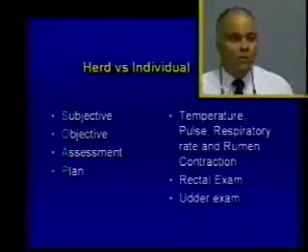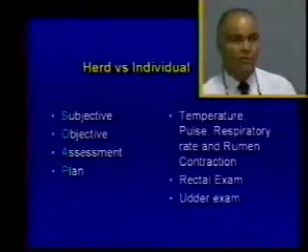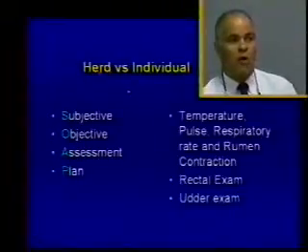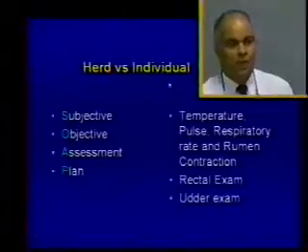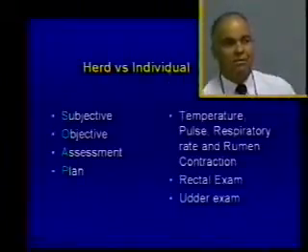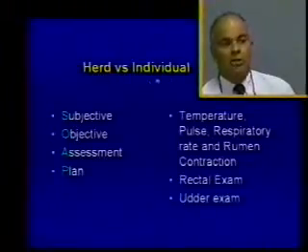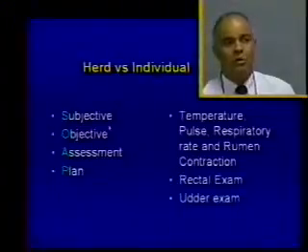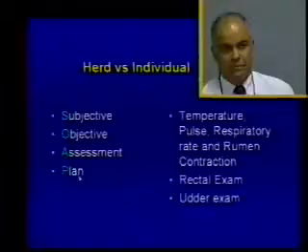Keep in mind that when we deal with food animals, we are dealing, of course, with a herd versus an individual. Remember that a group of individuals compose the herd. And just like in small animals or the equine patient, we try to follow the SOAP system.